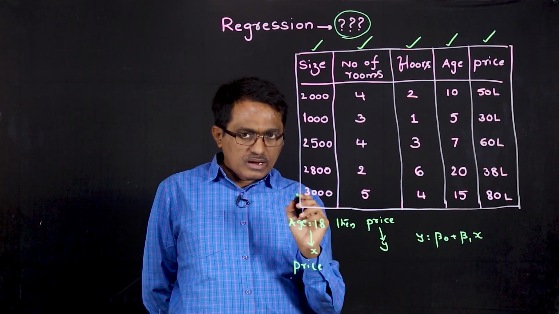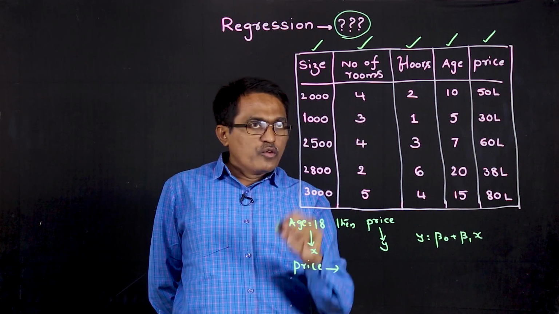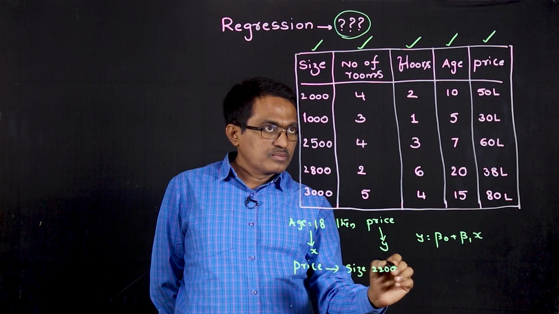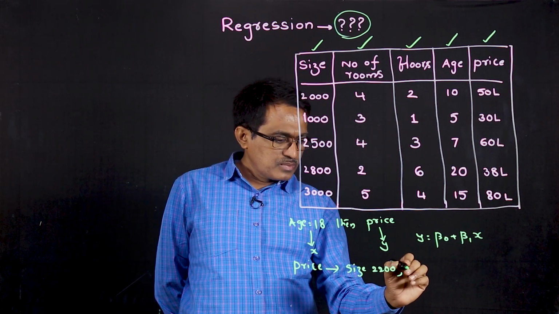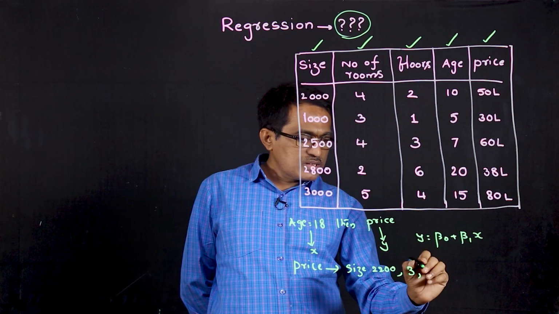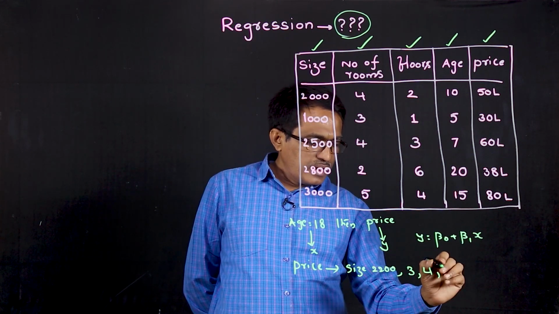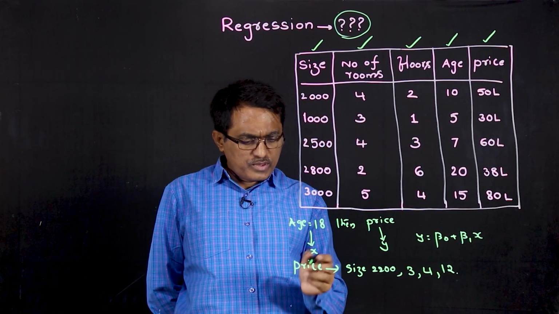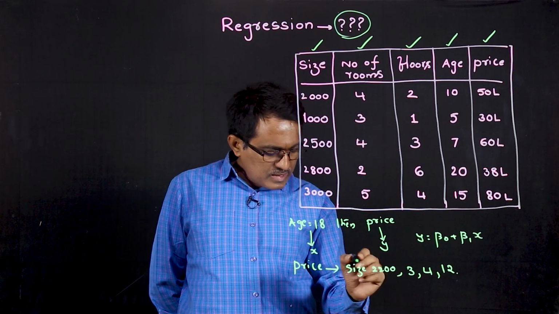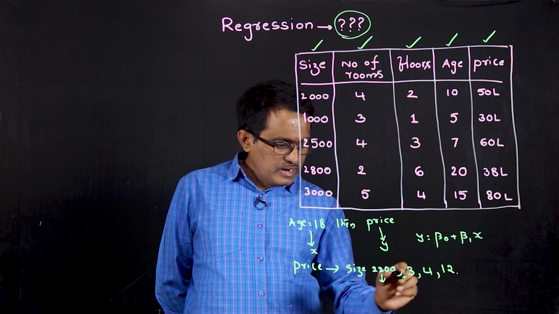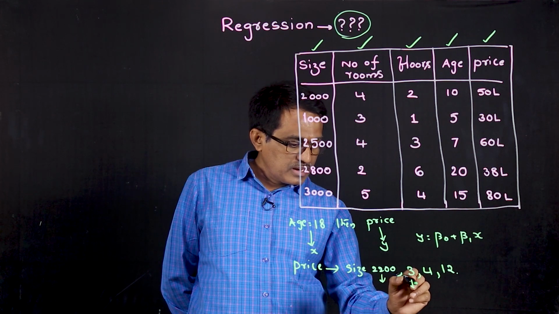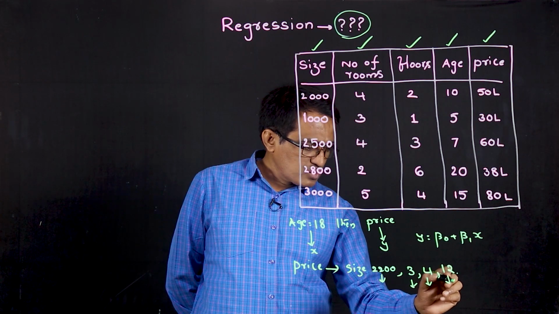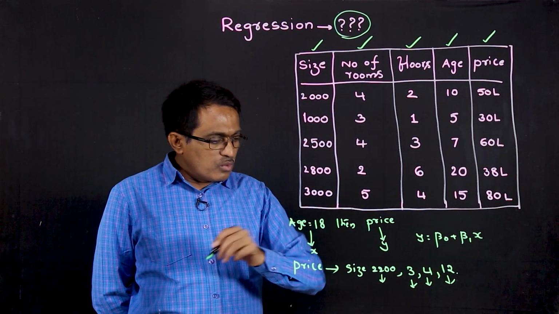I want to predict or estimate the price of the house where size equals 2200, number of rooms is 3, it is on the fourth floor, and the age of the house is 12 years. Right? So this is the problem we have to discuss. That is, when size is 2200 square feet, number of rooms is 3, it is on the 4th floor and the age of the house is 12 years. Right? So now what to do?